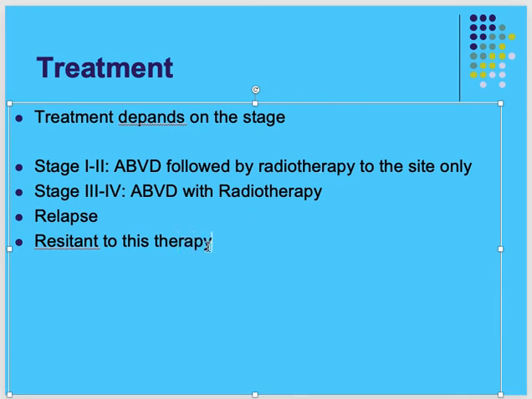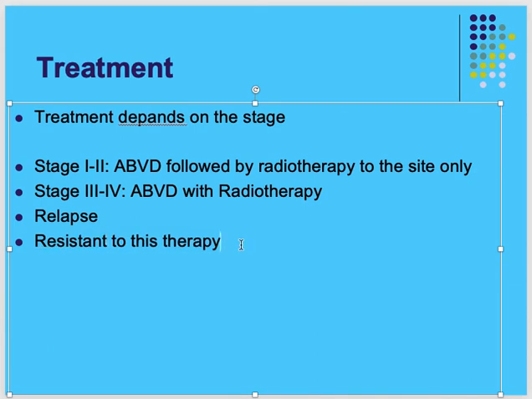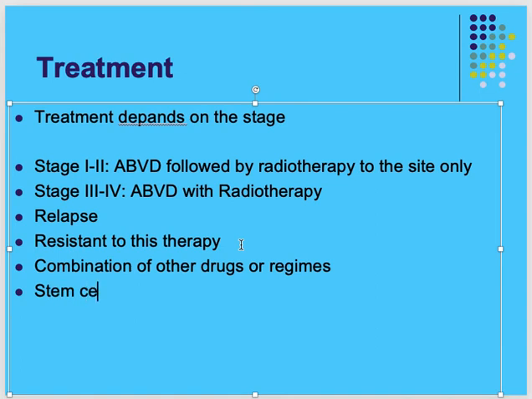So there is a combination of other drugs or regimes available, and they can be tried on these patients. Or we can ultimately go for stem cell transplant, of course, if the bone marrow is involved.